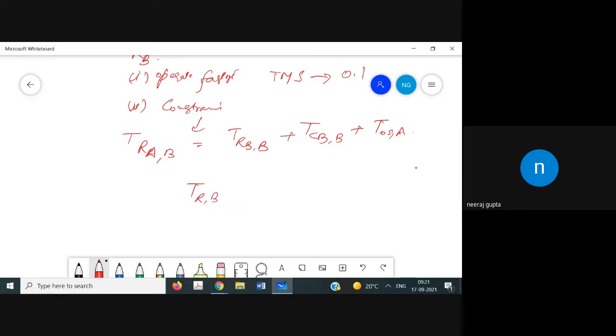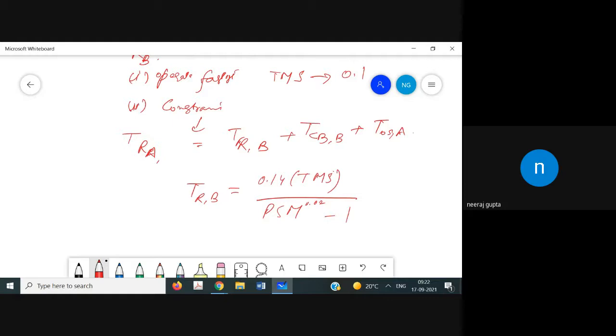The operating time of RB, we can write as RP so the terminology is clear, is given by 0.14 times TMS, the time multiplier setting, divided by PSM to the power 0.02 minus 1.